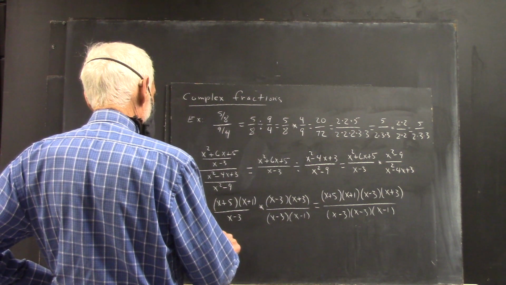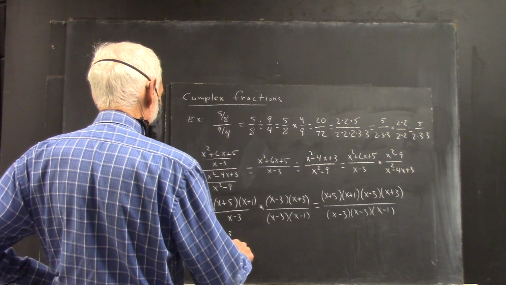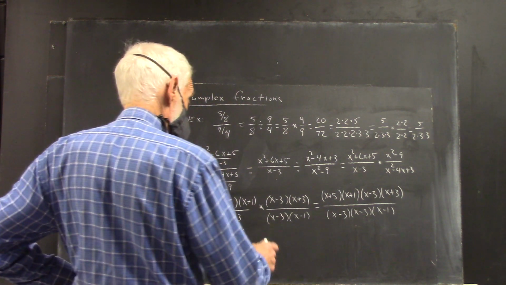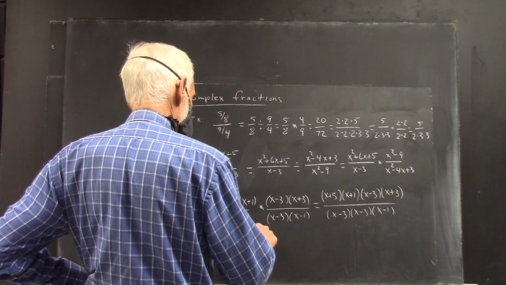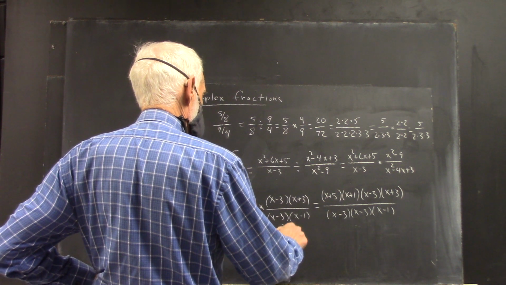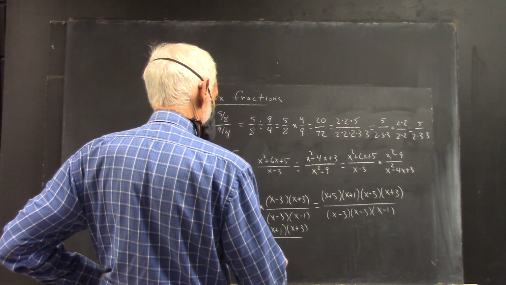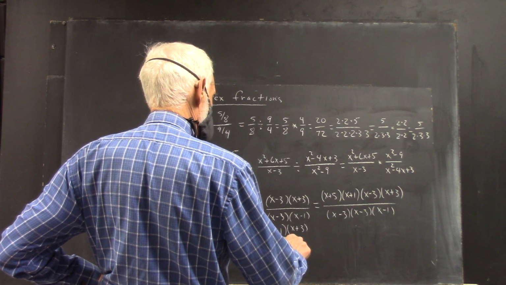And I'll factor on this side, x minus 3 over x minus 3. And then that's going to be multiplied by whatever's left here, x plus 5 times x plus 1 times x plus 3 over x minus 3 times x minus 1.